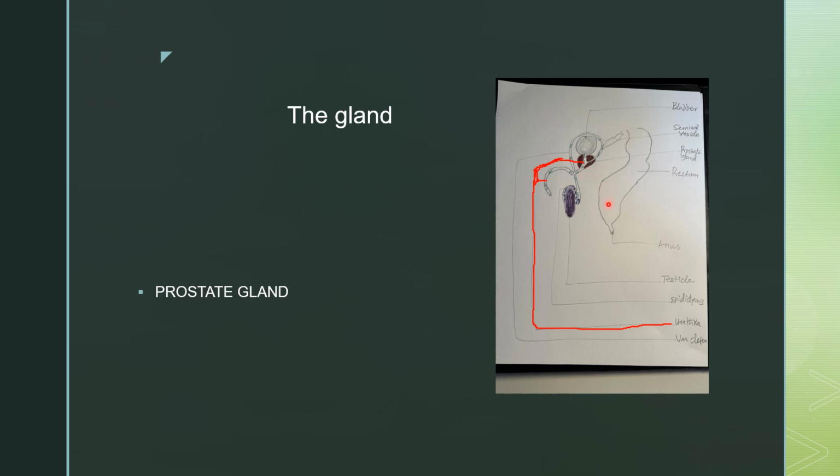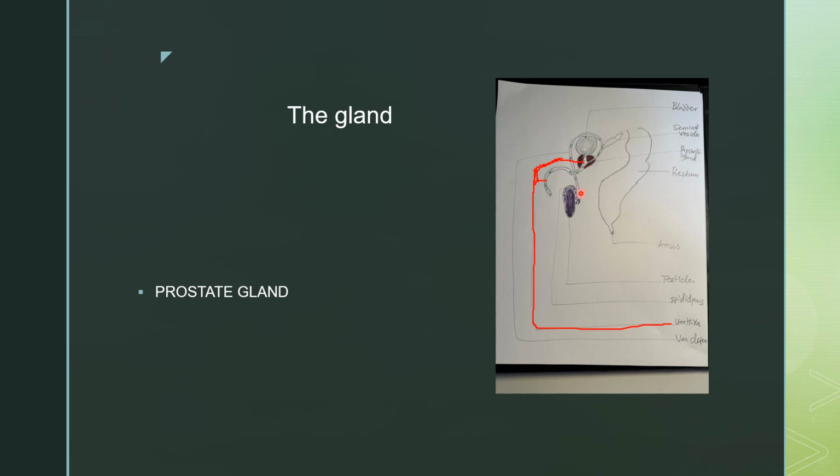Okay. Then, if you look very carefully, you can see the testes, right? Now, some will call it testicle. And on top of it is the epididymis. And from there, you can see the vas deferens.